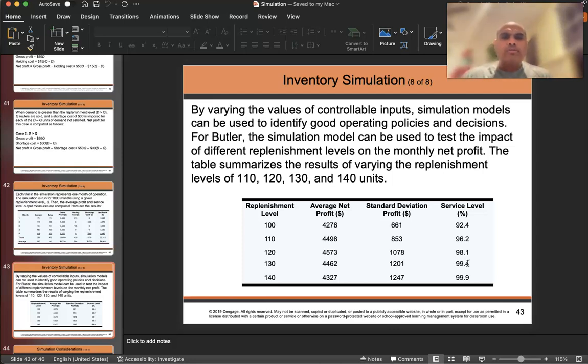Now, if you have gone through the operations management course, or if you're doing my supply chain analytics course, you know that you can solve this problem using something called the newsvendor model. So you have cost of understocking, you have cost of overstocking. Using both of those, you can figure out exactly what your replenishment level should be so that you have the optimal value.